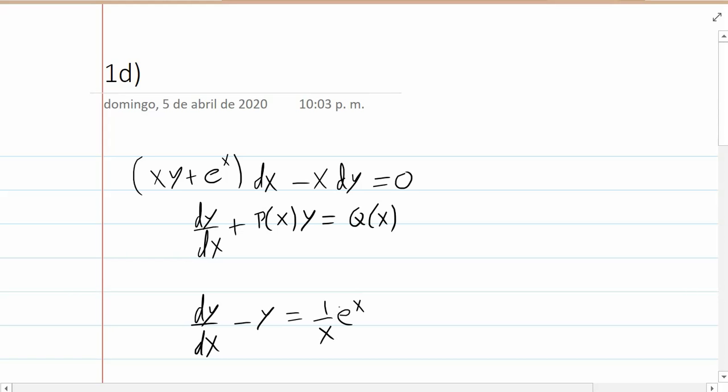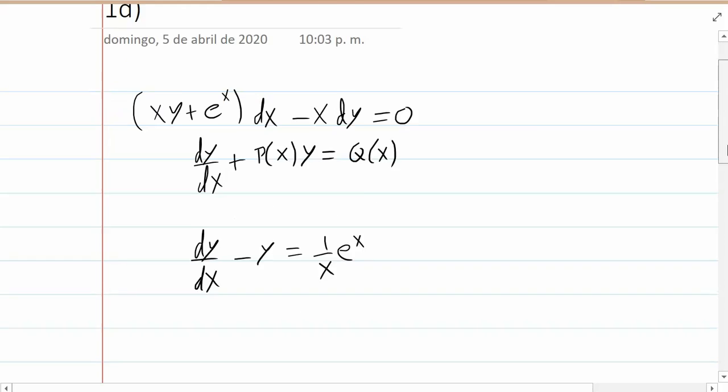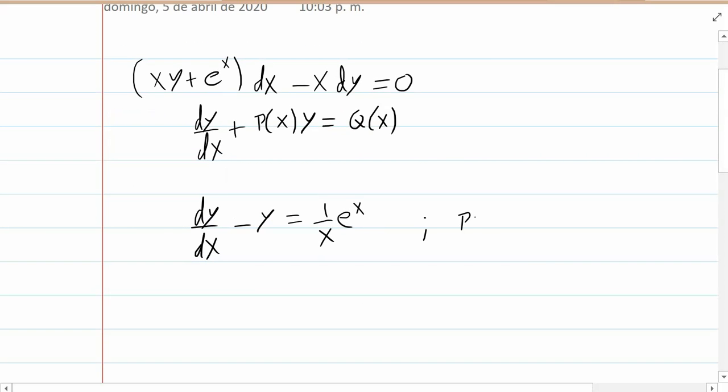The algebra is not difficult to get there. So that means that p(x) = -1 and q(x) = (1/x)e^x.